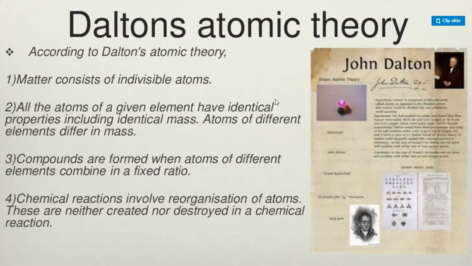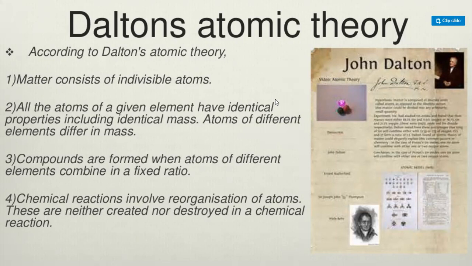All the atoms of a given element have identical properties, including identical mass. Atoms of different elements differ in mass. For example, hydrogen and oxygen both have different masses.